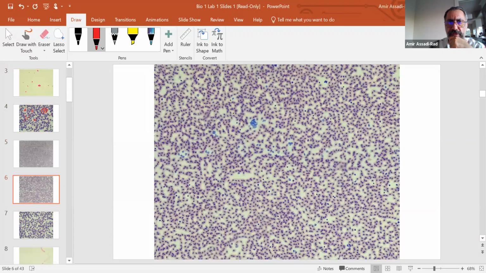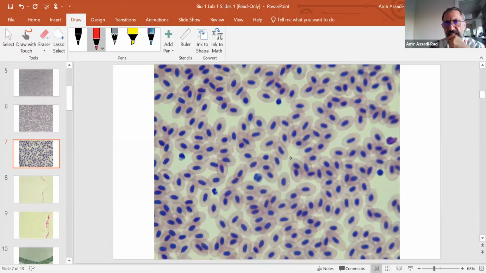Yeah, these are 40x. That's another beautiful white blood cell. Frog white blood cell. But these are red blood cells. Frog has red blood cells that have a nucleus. We humans do not have a nucleus.